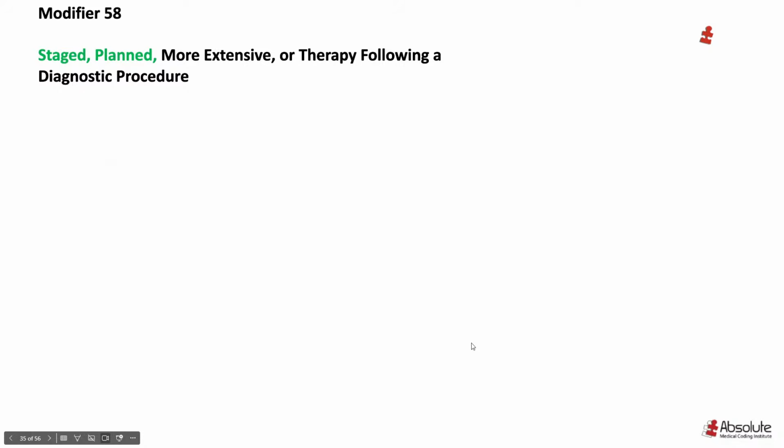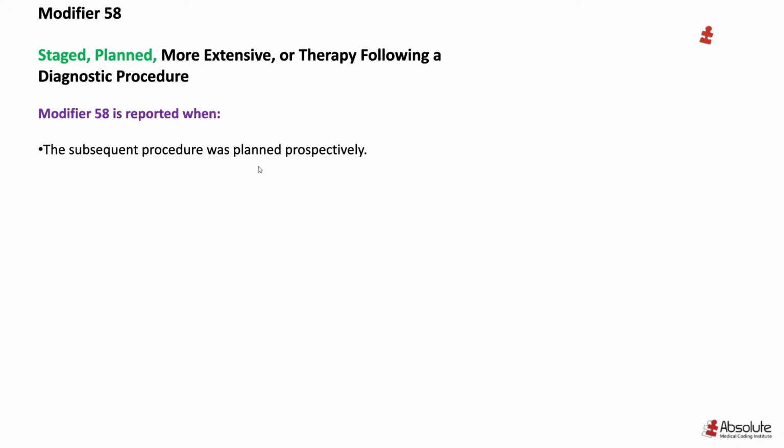So let's begin with modifier 58. Modifier 58 is appended if during the global period the patient had a staged or related procedure, a staged or planned related procedure. And you're going to append that modifier 58 when that subsequent procedure was planned, right?